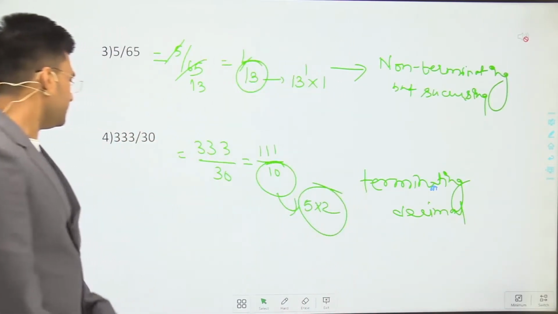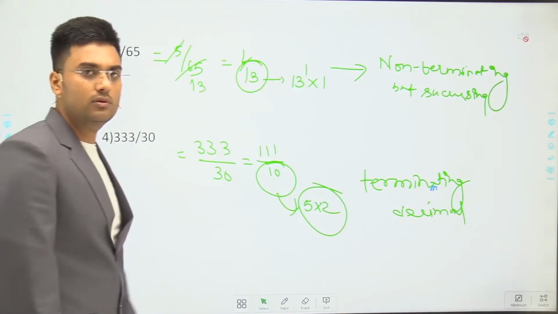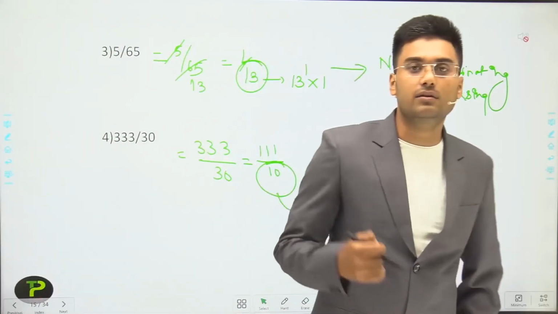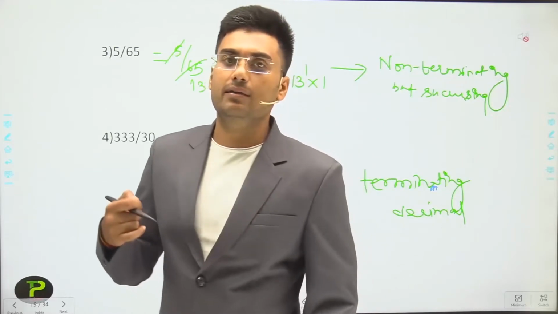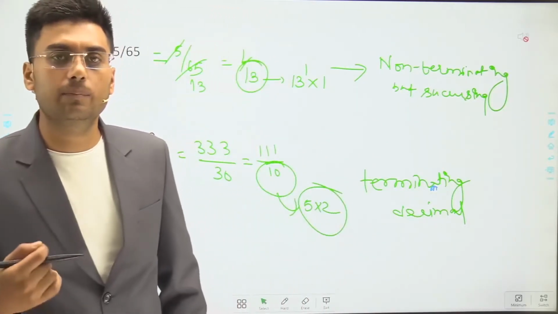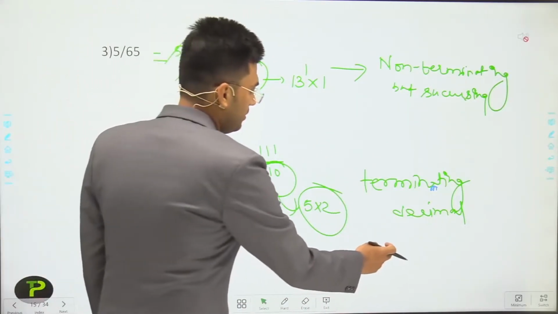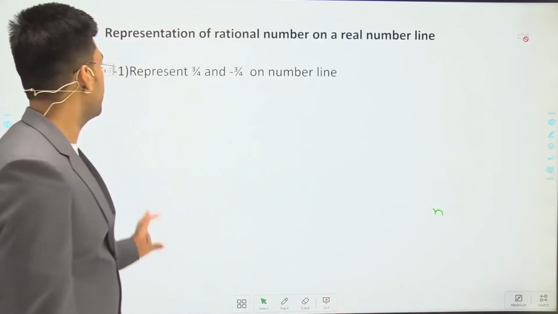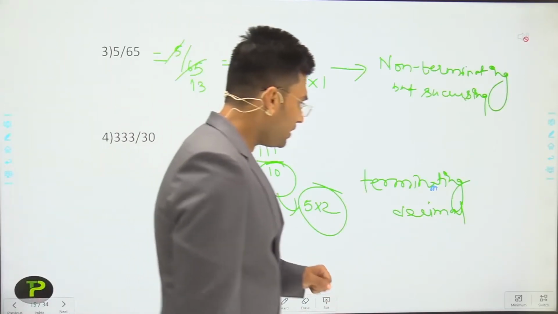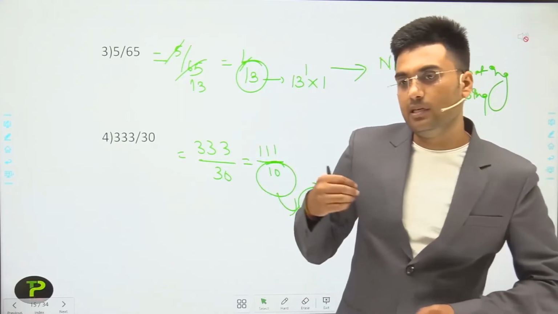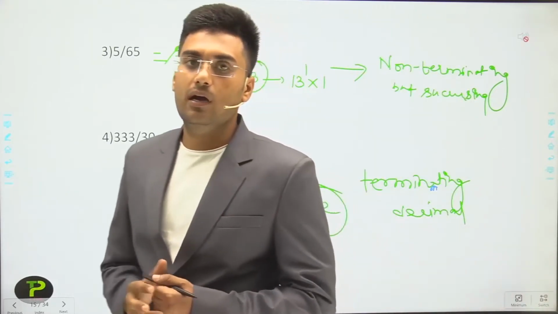Okay. So in these 4 examples we check the form of decimal by not dividing the complete number, just checking the form of decimals.